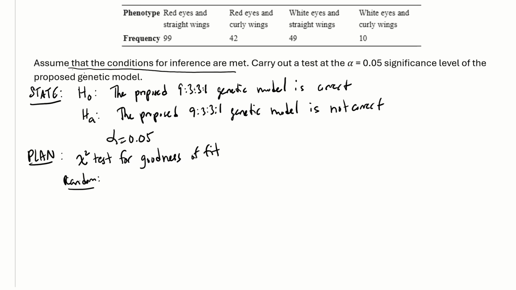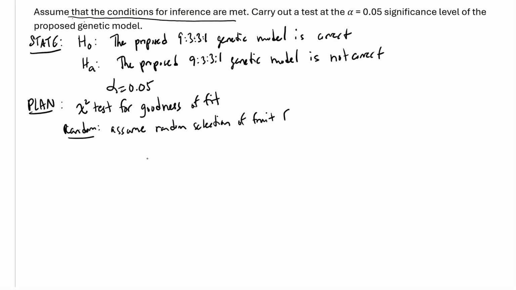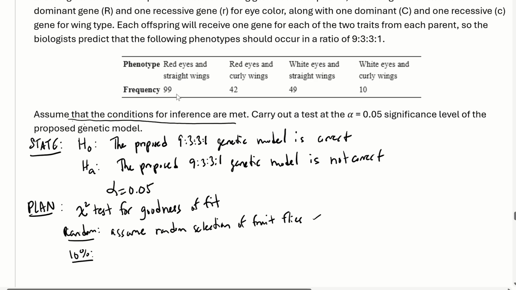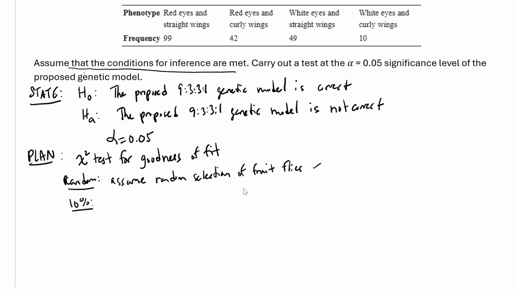So random: assume random selection of fruit flies. All right, how many fruit flies did we get? If we add these up, we got 200 for the total.